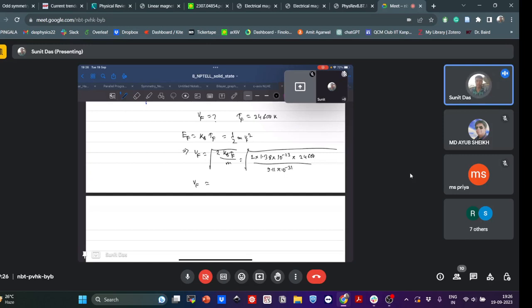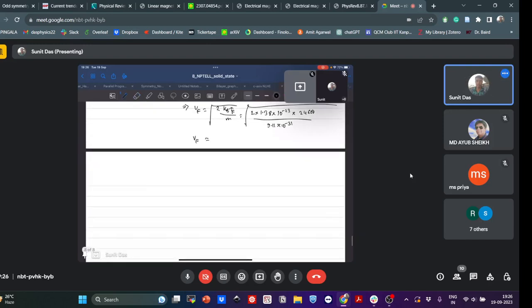So the velocity will be 8.63 into 10 to the power 5 meter per second.